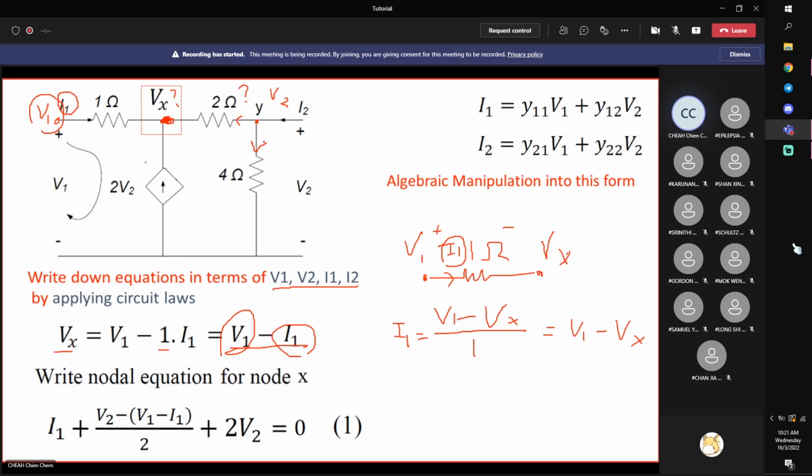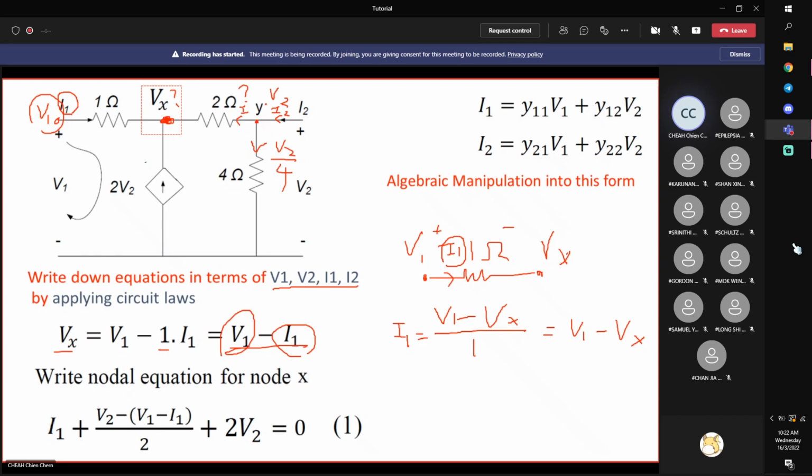To find this current, I need to find this current. This is I2. And this current is what? V2 divided by 4, just Ohm's law. Voltage across it divided by 4. So inflow equal to outflow. I2 is equal to this current. If you call it I, I2 is equal to V2 over 4 plus I, then you can calculate I. After you get I in terms of I2 and V2, then you can do similar things.